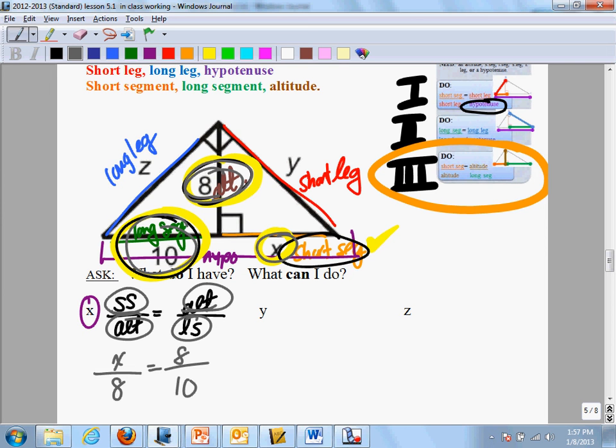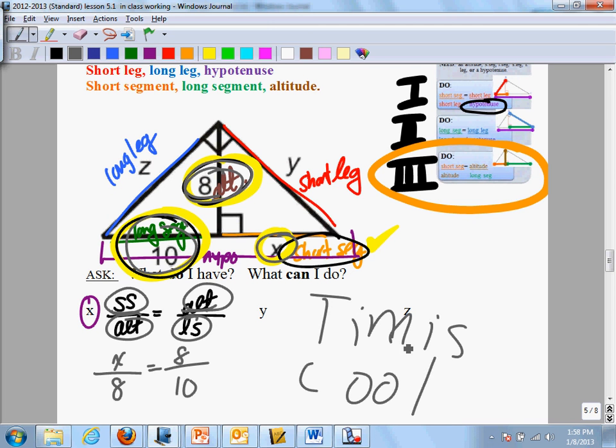Your goal is, as you finish this... We have to leave.